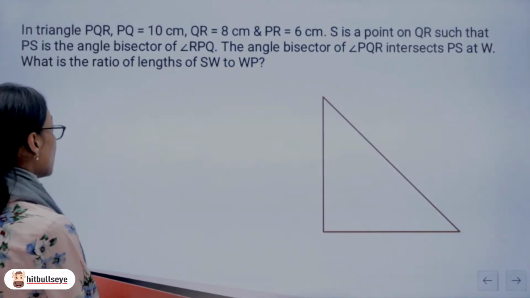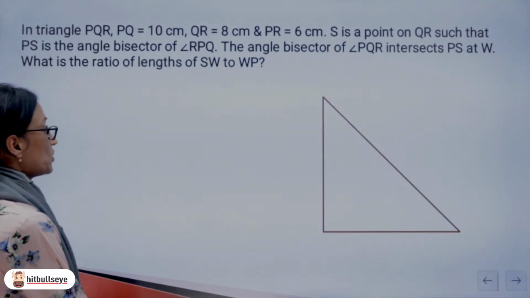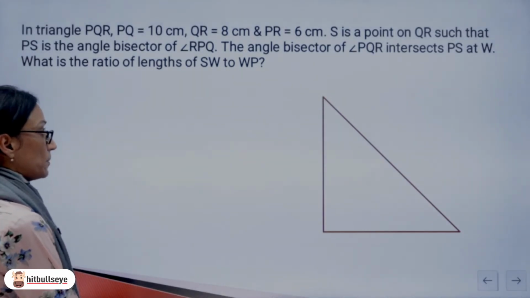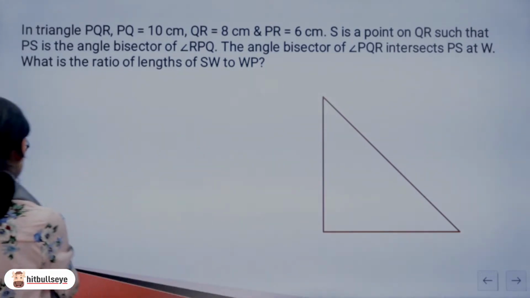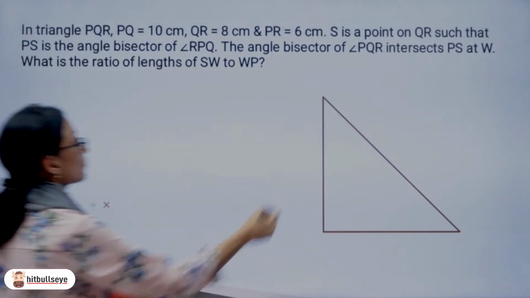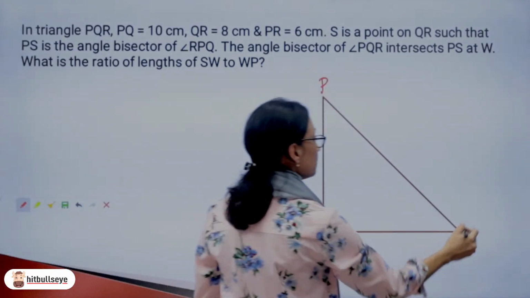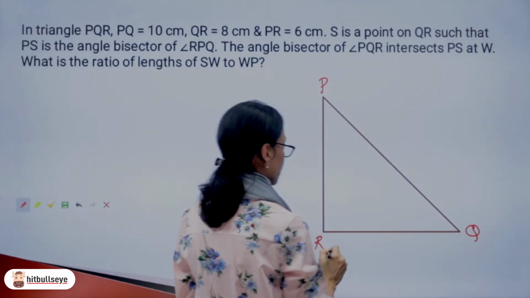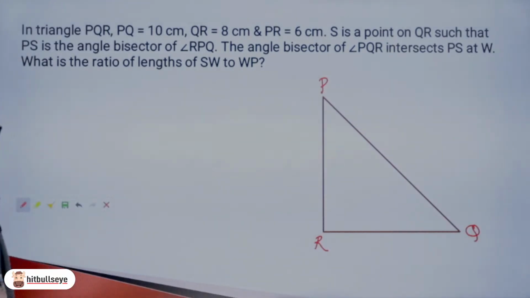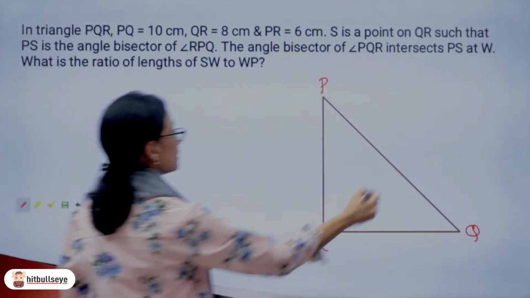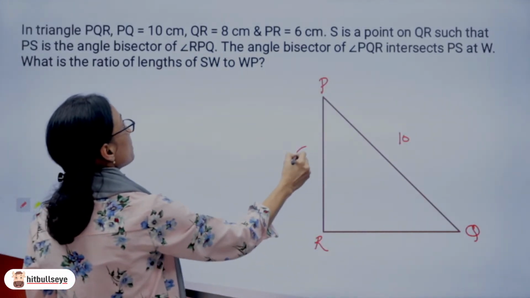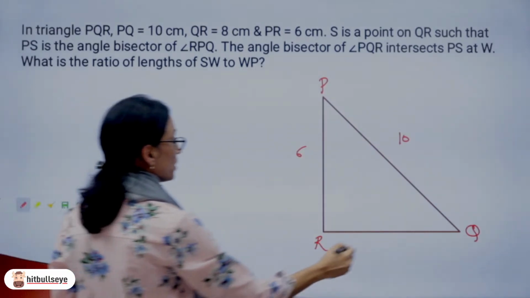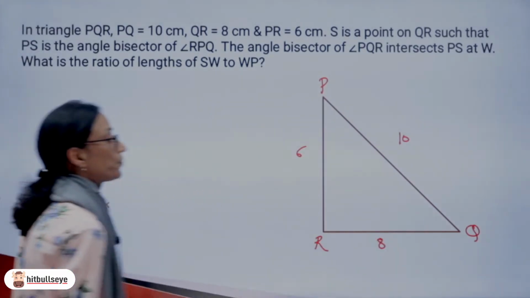Because the dimensions are 10, 8 and 6, which is a famous Pythagorean triplet. So of course, PQ happens to be the hypotenuse here. And the question has given you the information that PQ is 10 centimeters, PR happens to be 6 centimeters, and QR happens to be 8 centimeters.